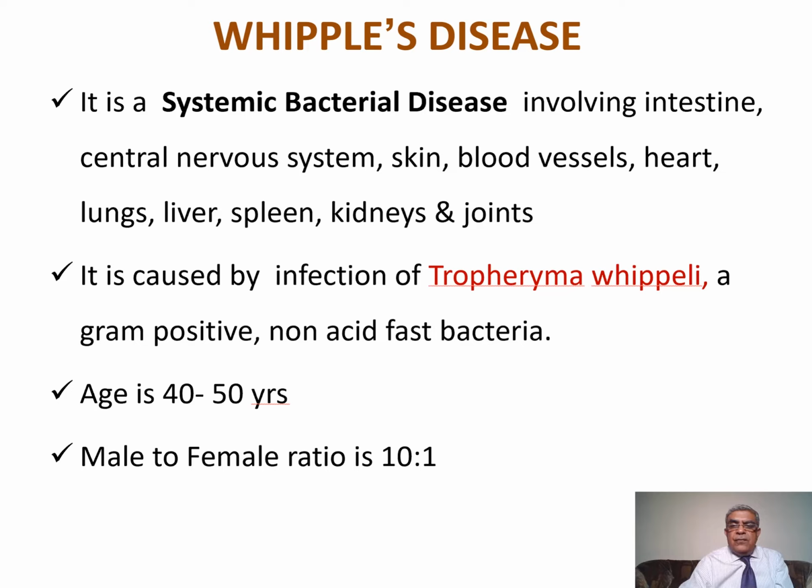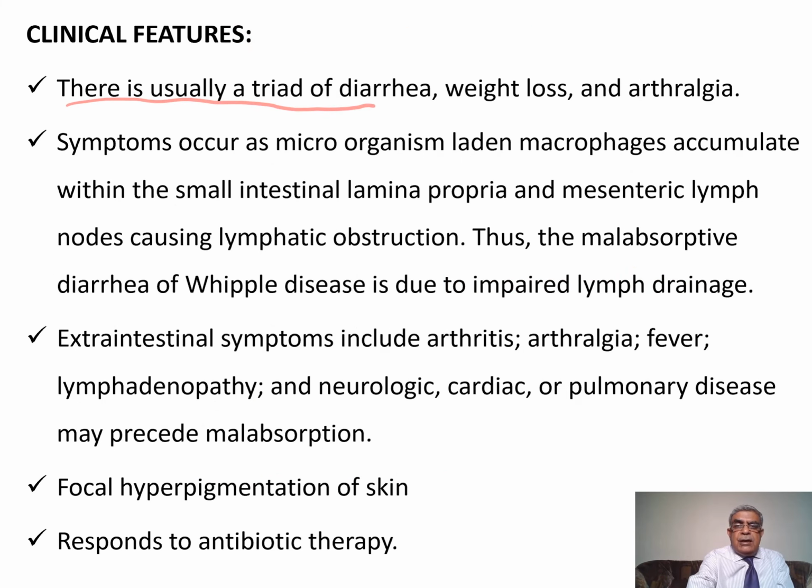It is caused by infection of Tropheryma whippleii, a gram-positive non-acid fast bacterium, seen at 40 to 50 years, male more commonly affected in the ratio of 10:1. Now in this disease there is a triad of symptoms: diarrhea, weight loss and arthralgia.